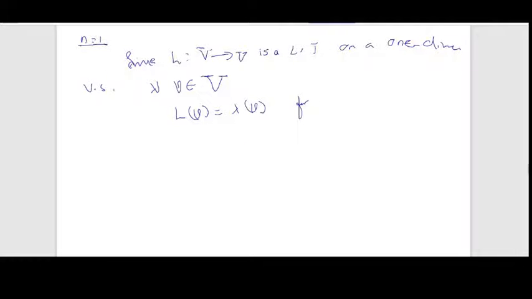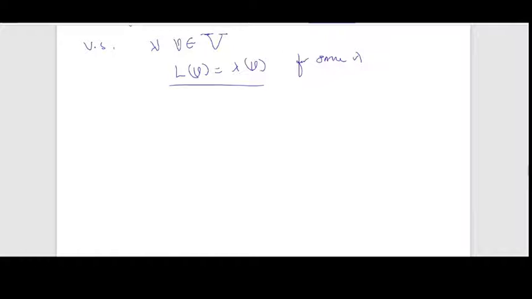So this shows that each non-zero element in V is an eigenvector of L.